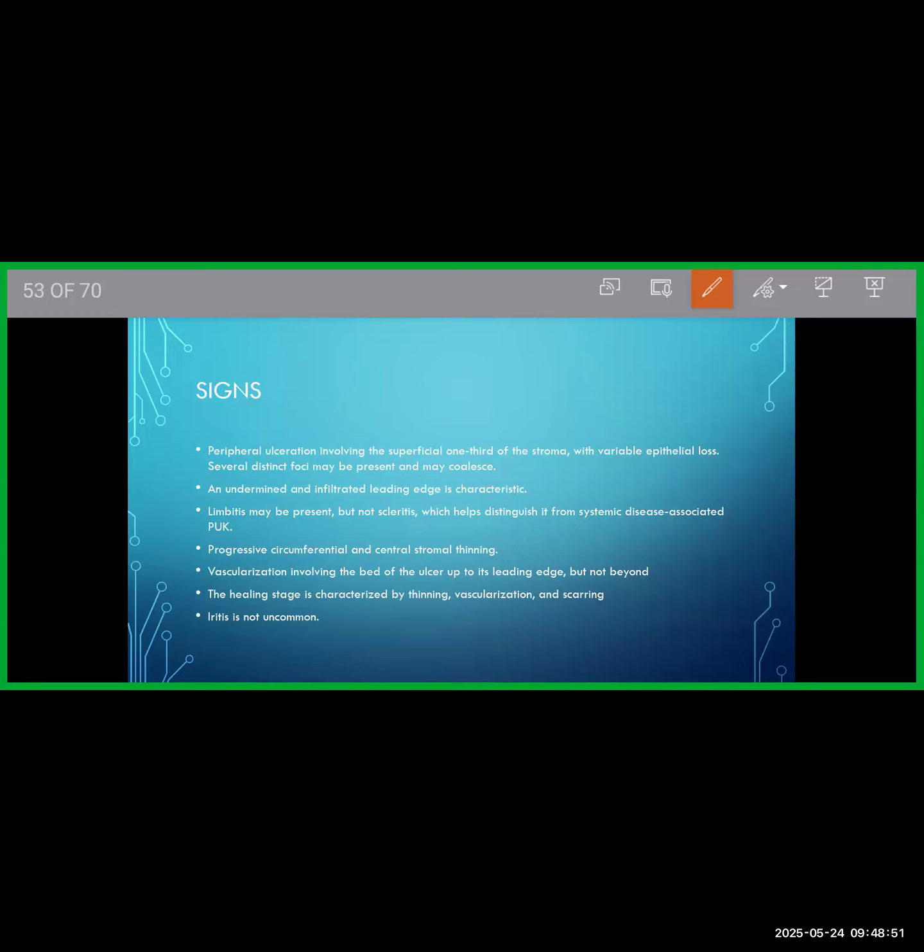This helps to differentiate it from systemic disease-associated PUK. Then with time, there is progressive circumferential and central stromal thinning, with vascularization involving the bed of the ulcer up to its leading edge, but not beyond. Then the healing stage is characterized by thinning, vascularization, and scarring. Iritis is not common in Mooren's ulcer.